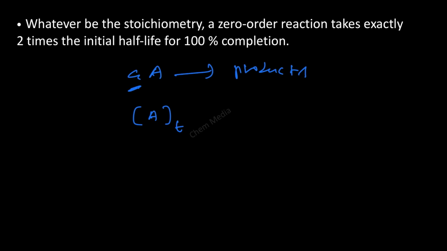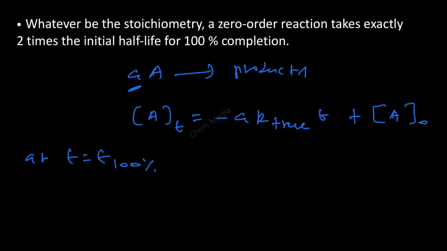the final concentration is equal to minus A times K, the true reaction rate constant, times T plus initial concentration, isn't it? And at T equal to T 100%, the final concentration would become 0.